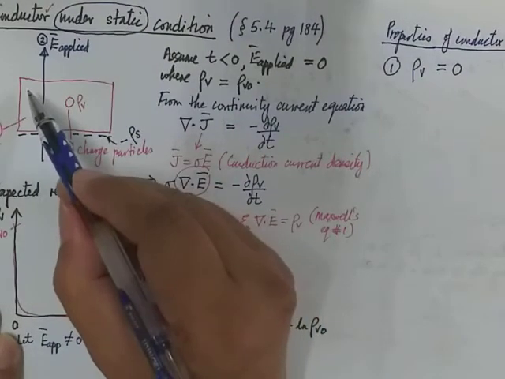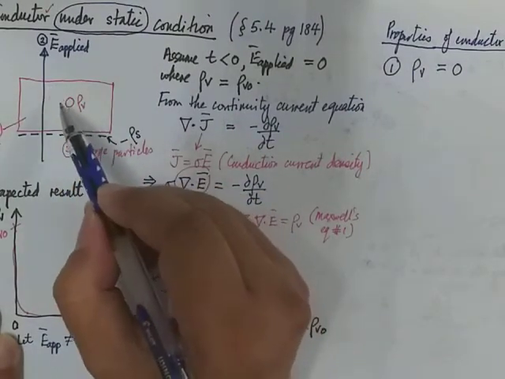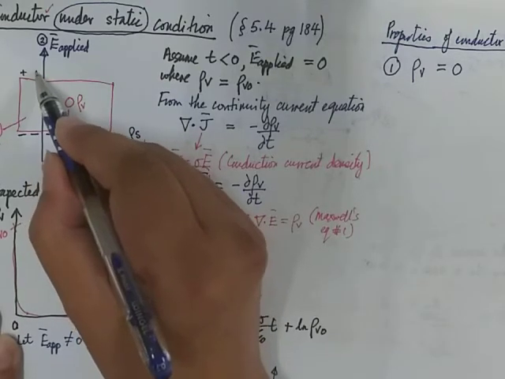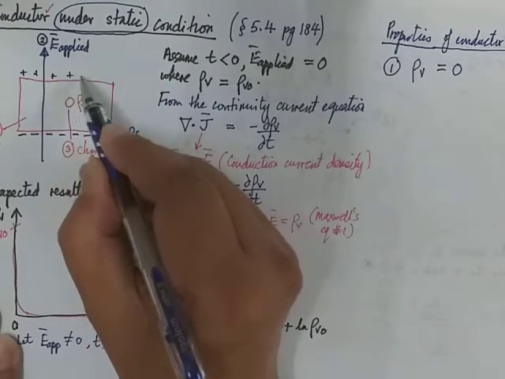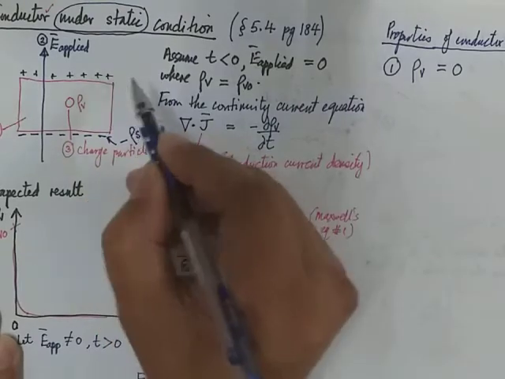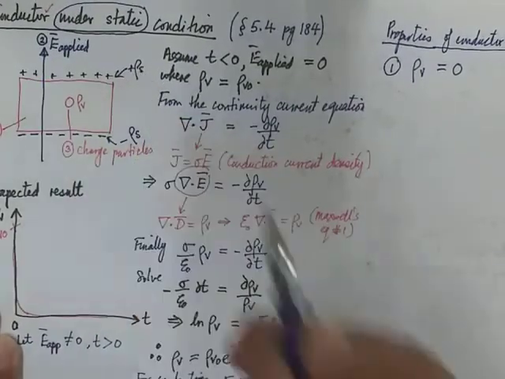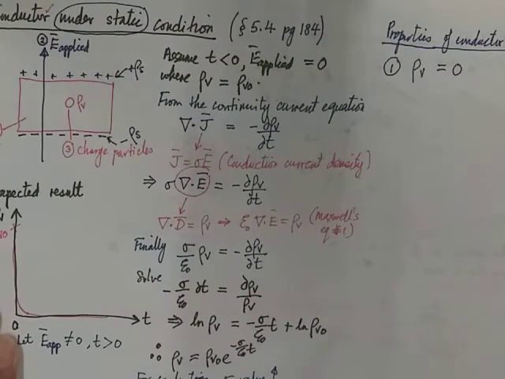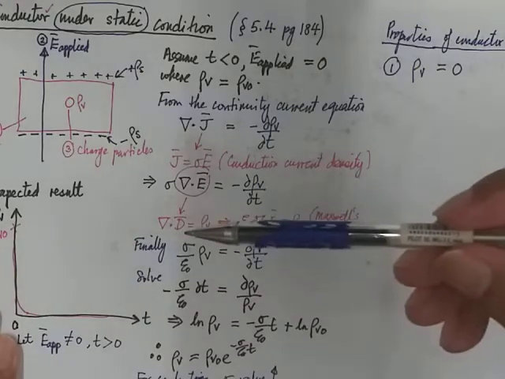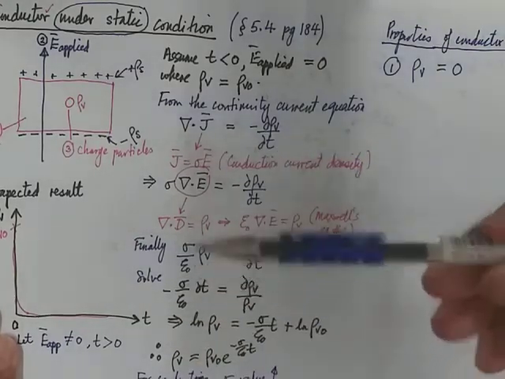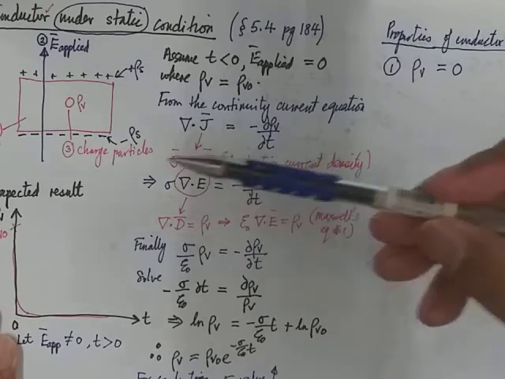On the surface where the E field comes out from the conductor, that particular region will be filled with positive charge, positive rho s. So that's what is actually happening to the volume charge: it is being changed into surface charge.